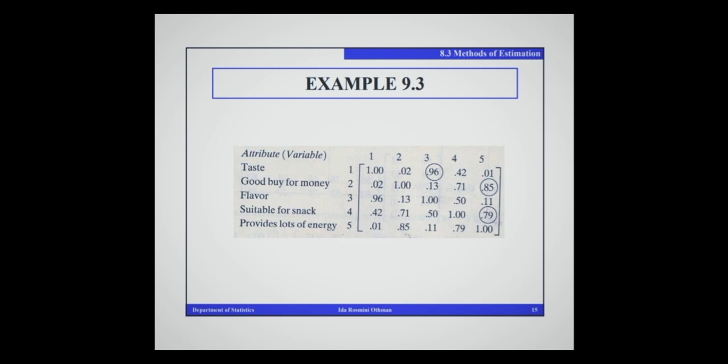So means that variable pertama dan variable ketiga ni boleh digrupkan sekali. Betul. And then kat sini pula 0.85 adalah correlation between second variable dan fifth variables. Tadi first and third, this one yang tinggi juga adalah 2 and 5.